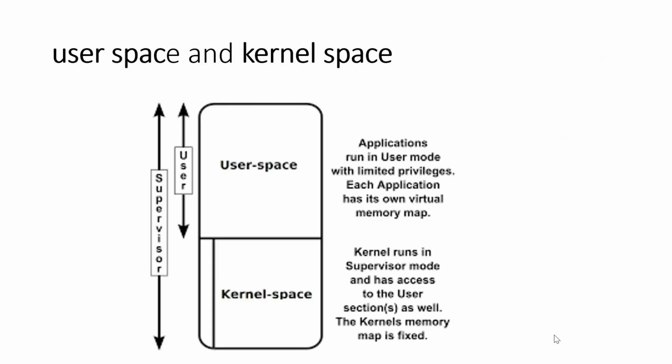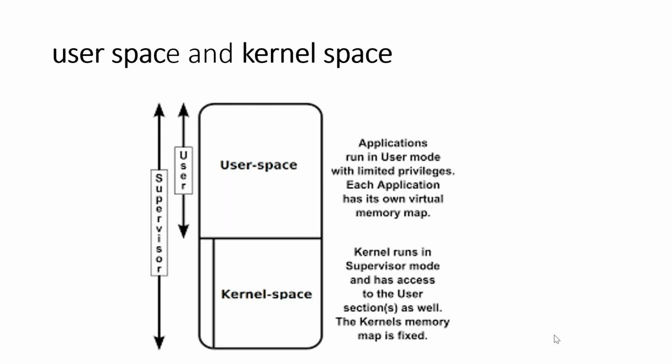Okay, so look at this here. Virtual memory is divided into two parts. Kernel space: the kernel runs in supervisor mode and has access to the user section as well. Mind it, the kernel runs in supervisor mode and has access to the user section. That means the kernel has complete control of user space, but user space has no control over kernel space.